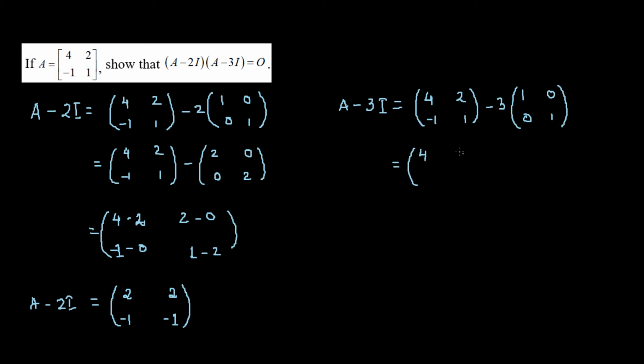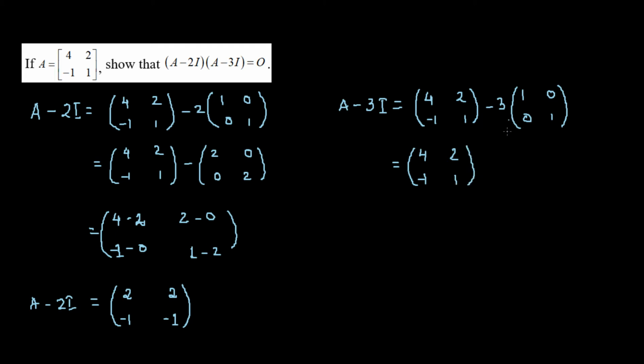Let's similarly find out the value of A minus 3I. So this is equal to [4, 2; -1, 1] minus 3 times [1, 0; 0, 1].